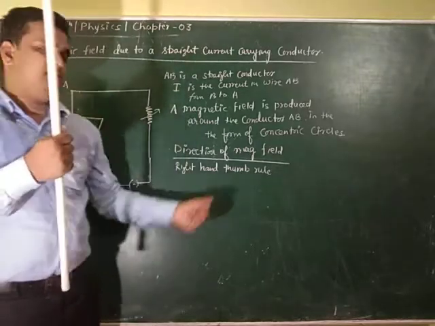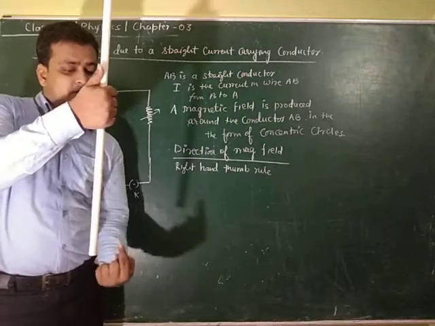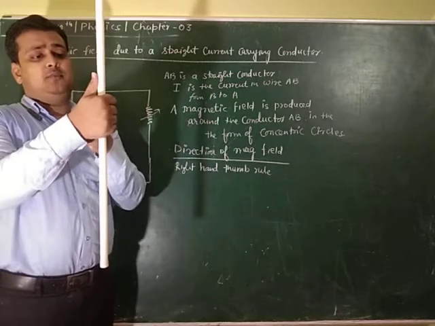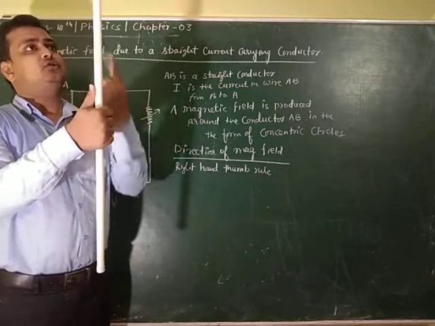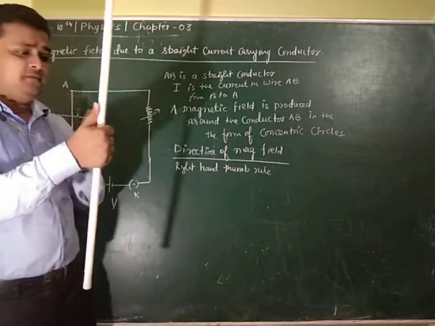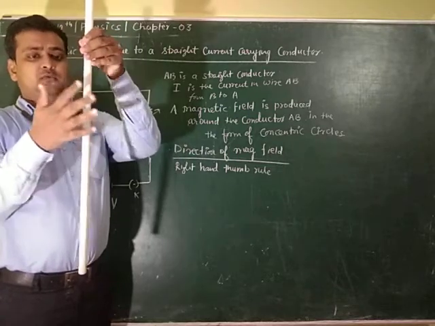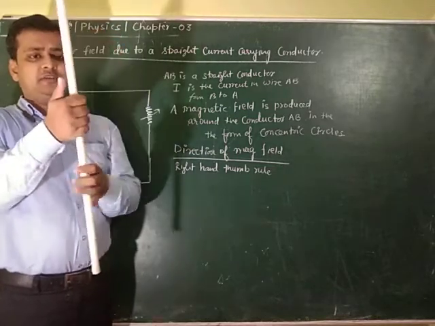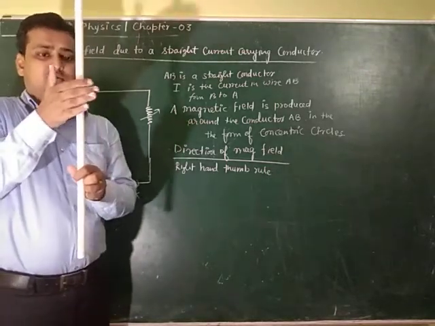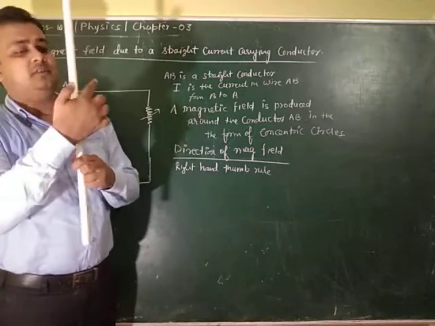So this is the right hand. Current is flowing in this direction, so I have made the thumb point in the direction of current. According to this rule, if the thumb represents the direction of current, then the rest of the fingers will represent the magnetic field. So this is the direction of magnetic field around this, because our fingers curl in this way. That is why the magnetic field will be in this direction.